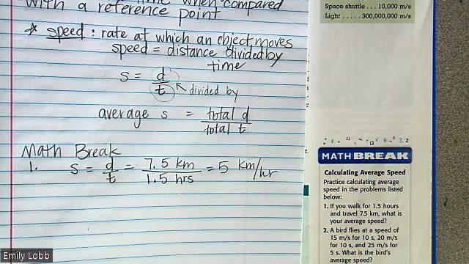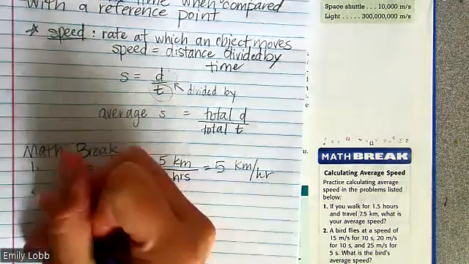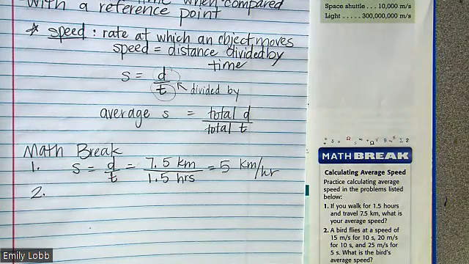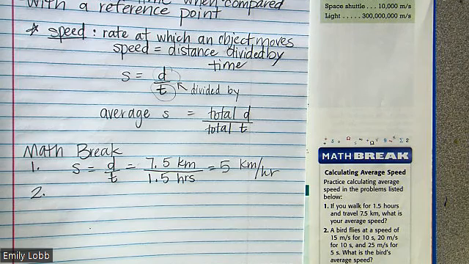All right, number 2. A bird flies at a speed of 15 meters per second for 10 seconds, 20 meters per second for 10 seconds, and 25 meters per second for 5 seconds.